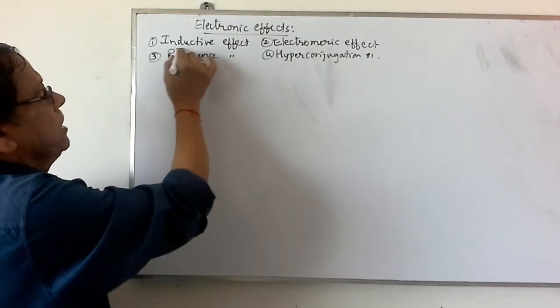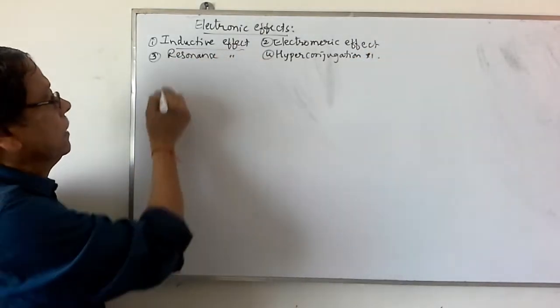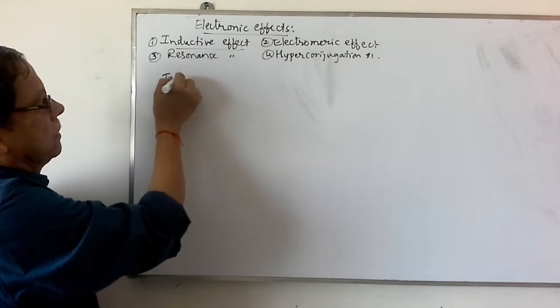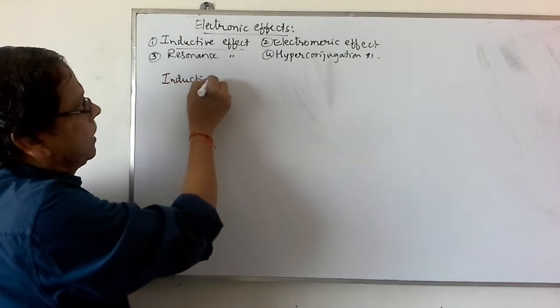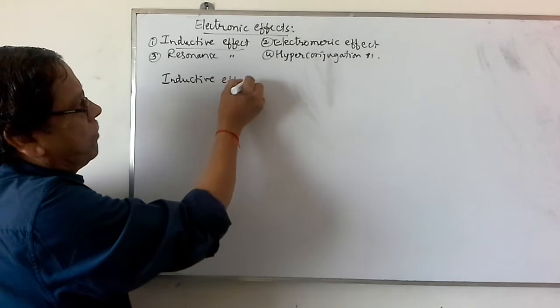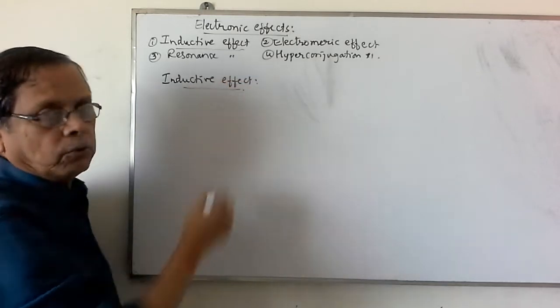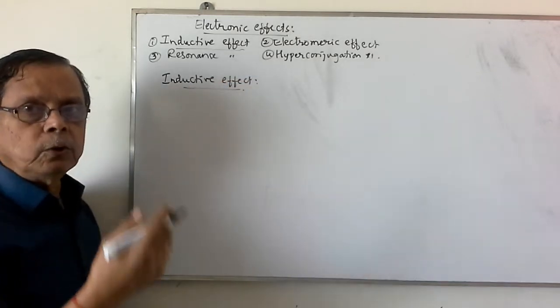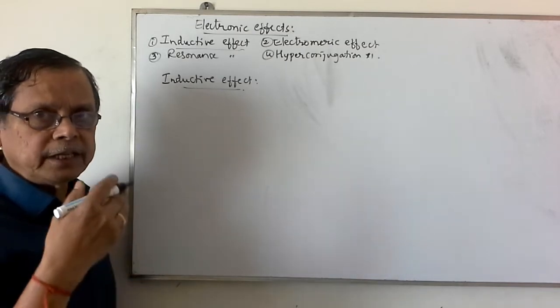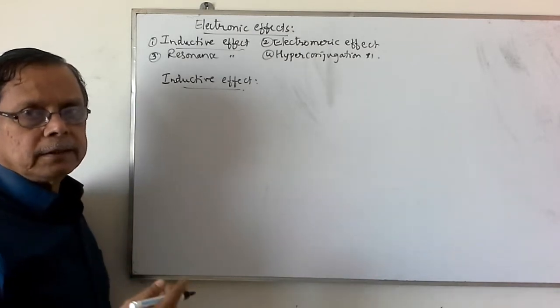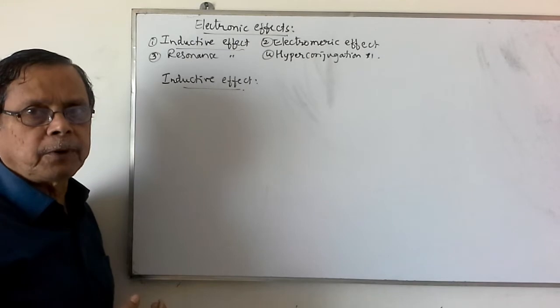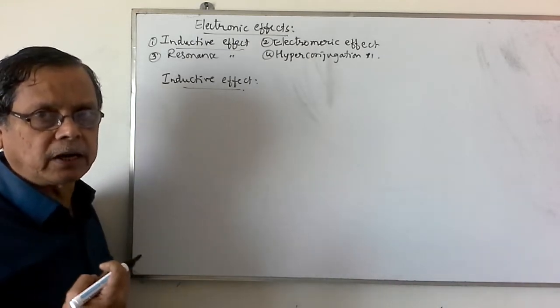First, let us start with this inductive effect. When we consider a bond between the carbon and some other group, that group or atom, if it is more electronegative, the electronegativity stands for the capacity to attract the electrons.